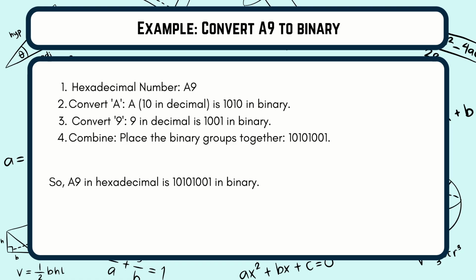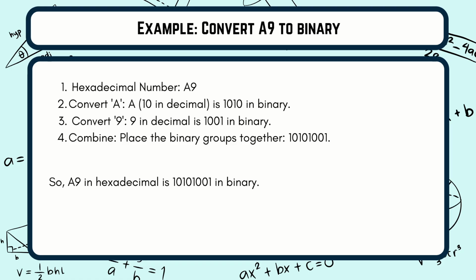And the fourth one, let us combine, place the binary groups together. So we have A, which in binary is 1010. And 9 in decimal is 1001. So we combine the 1010 and the 1001.